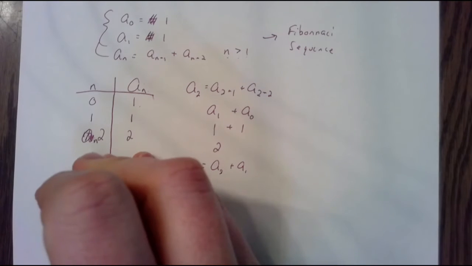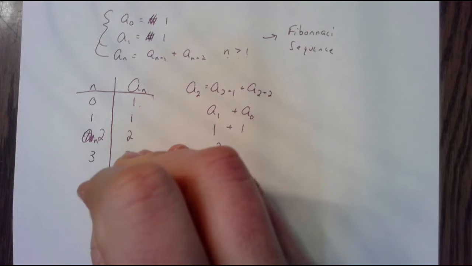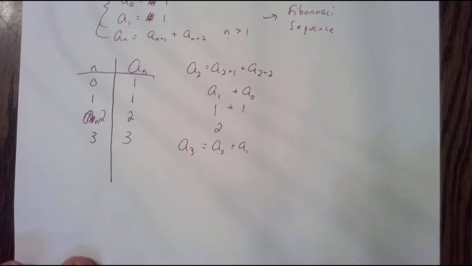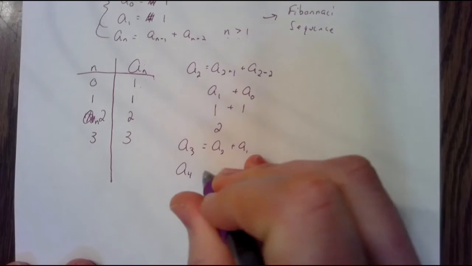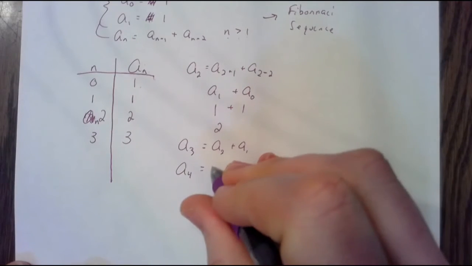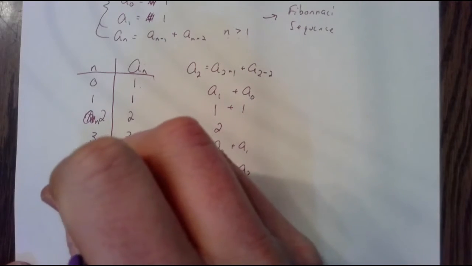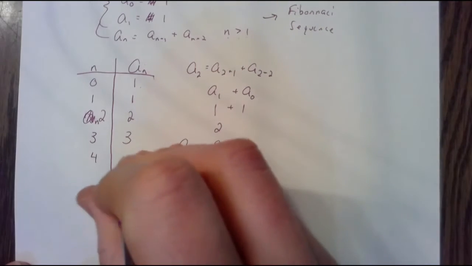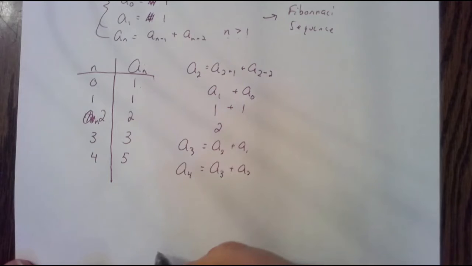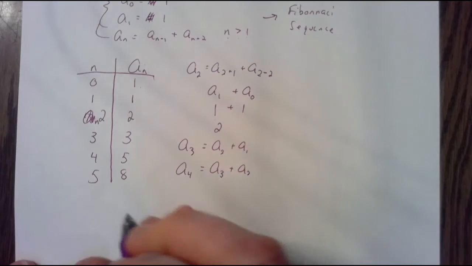A sub 4, the fourth term in the sequence, all right, technically it's the fifth because we started at 0, will equal a sub 3 plus a sub 2. So here, a sub 4 is 2 plus 3, which is 5. A sub 5 will be 3 plus 5 is 8. A sub 6 will be 8 plus 5 is 13. A sub 7, 13 plus 8 is 21, right?